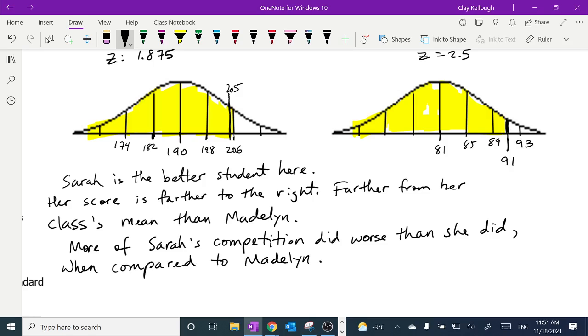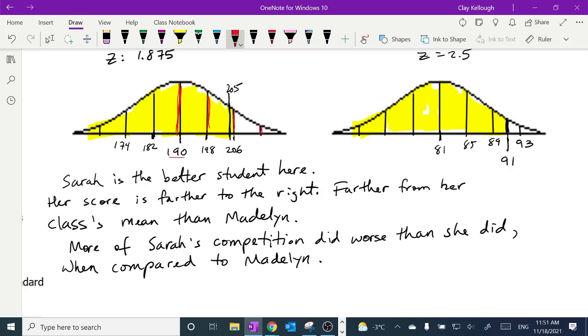All right, we have a couple hands up. Question? How do we know what the lines are on the graph? Yes. Well, because remember, this is how the normal distribution works. This line here, let me use red. This line is your mean. This is 1 standard deviation away, 2 standard deviations away, 3 standard deviations away. They tell us that the mean is 190 and the standard deviation is 8.